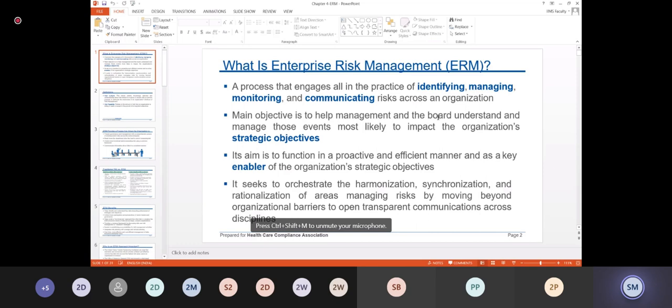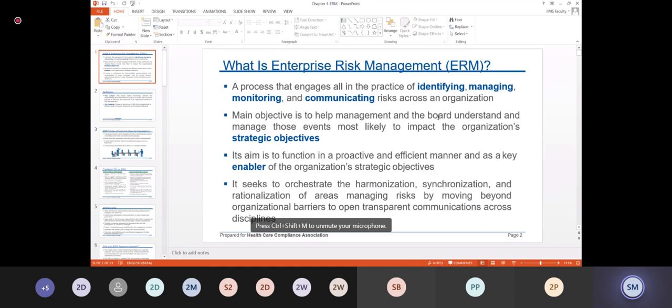ERM provides a common framework, processes, metrics, and language for discussing a risk and risk mitigation strategy. Traditionally it depends upon the event or incident, but in ERM the risk can be managed with a unique plan that can be implemented.